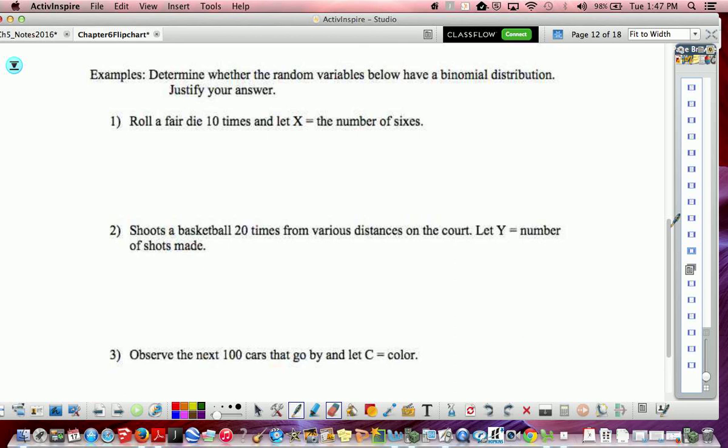The first one says roll a fair die 10 times and let x equal the number of sixes. Is it binary? Yes. Either you get a 6 or you don't. It's either one or the other. There's only two possibilities.